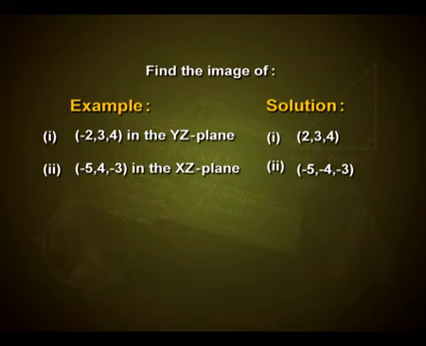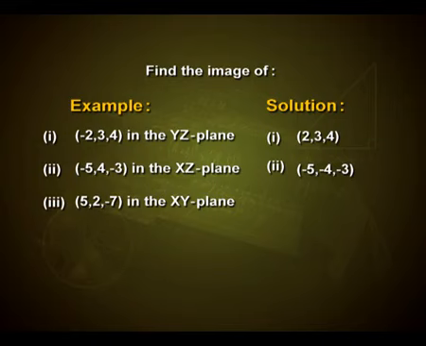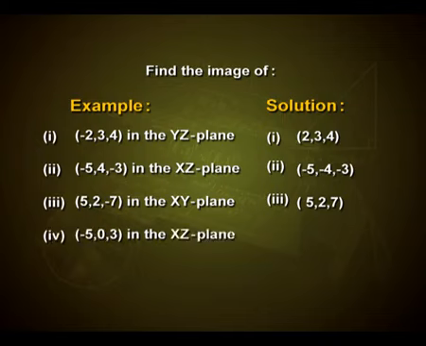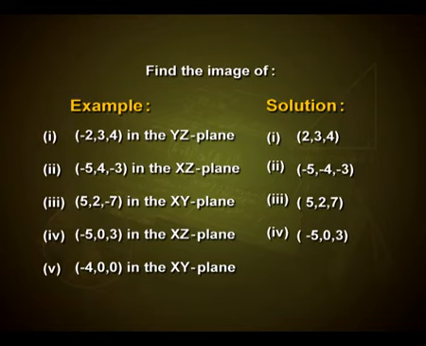Similarly, the image of point (5, 2, -7) in the xy plane will be (5, 2, 7), and the image of point (-5, 0, 3) in the xz plane will be (-5, 0, 3), and the image of point (-4, 0, 0) in the xy plane will be (-4, 0, 0).